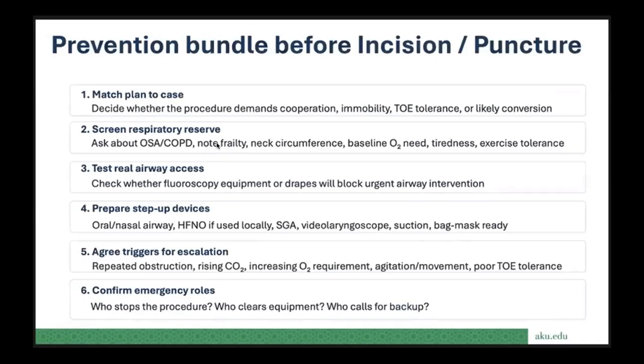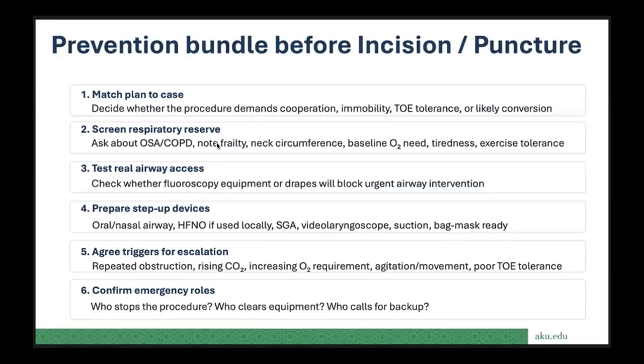Now, the prevention bundle before incision or puncture. This prevention bundle is meant to be practical, and it is very practical. Before puncture or incision, match the anesthetic plan to the real demands of the case. Screen for OSA, COPD, obesity, frailty, baseline oxygen need, and poor exercise tolerance. Then physically test airway access after positioning and draping, not only before the setup.